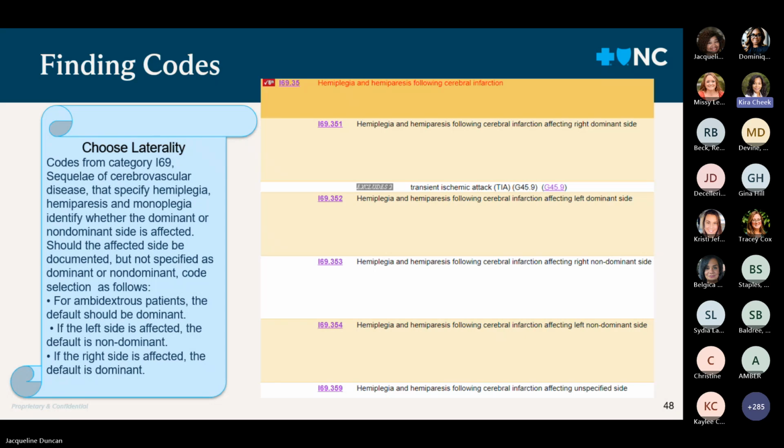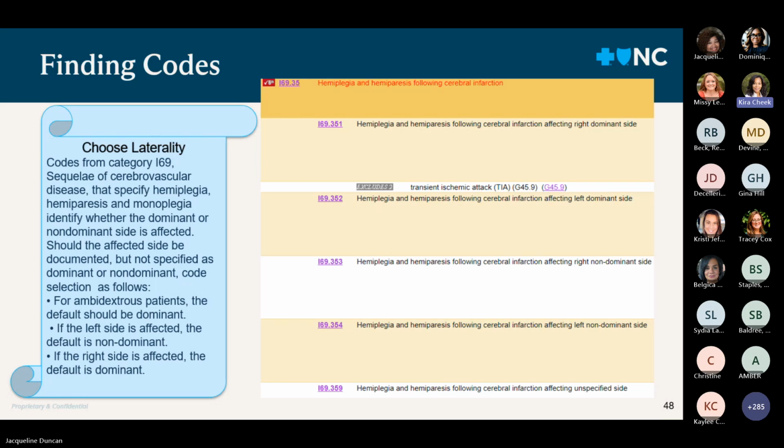The guidelines tell us codes from the category I69, sequela of cerebrovascular disease, that specify hemiplegia, hemiparesis, and monoplegia identify whether the dominant or non-dominant side is affected.